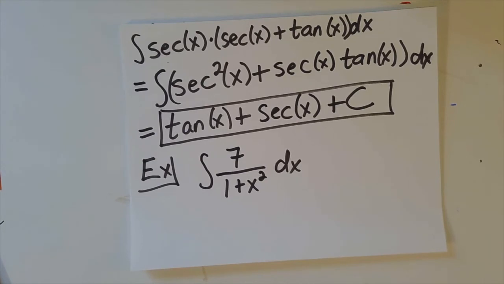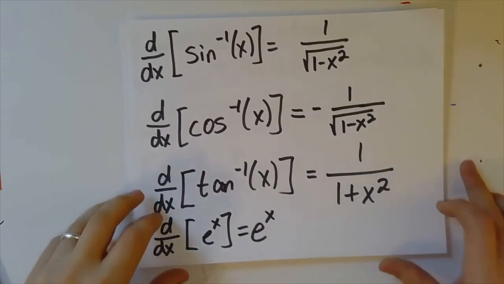And so if I actually really want to do this, I need to think if I somehow know some function whose derivative is something like this. And in fact, we actually do if you think back to our inverse trig derivatives.